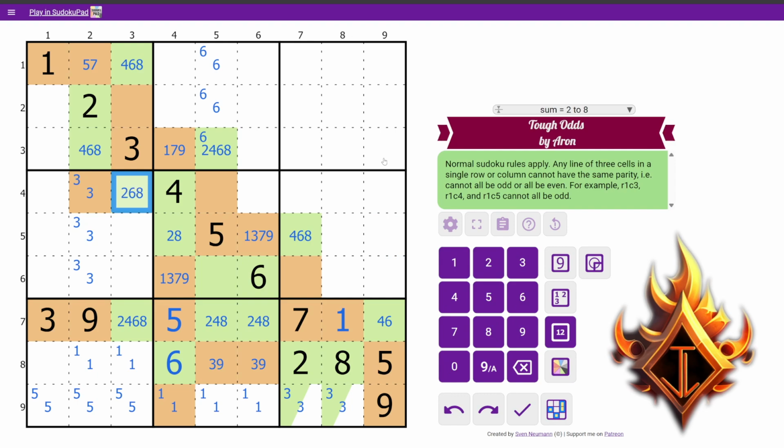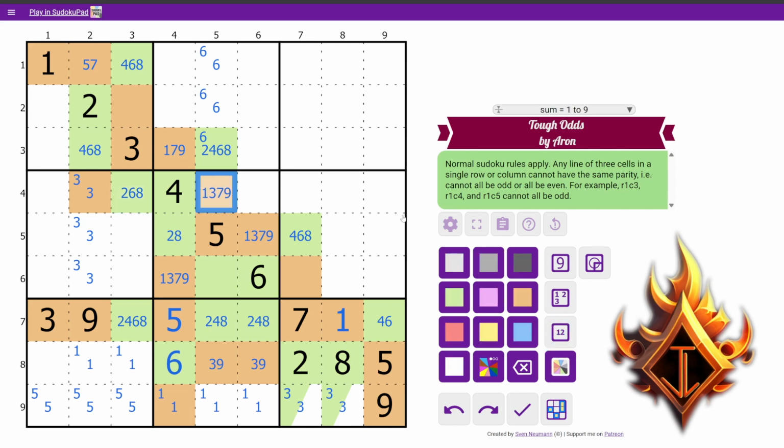2, 6, 8. We have our 4 evens here, so that one is odd. Now these two are both even. This is odd.